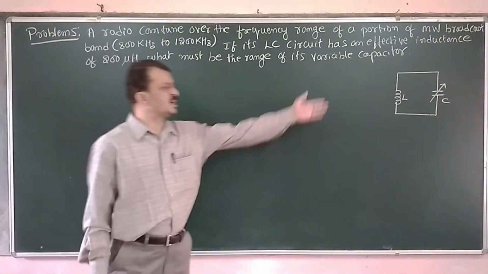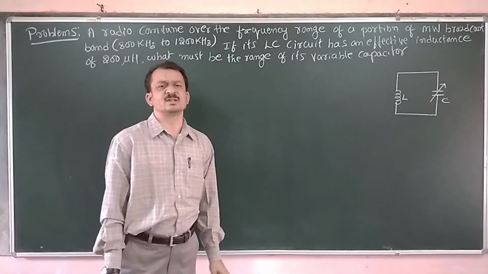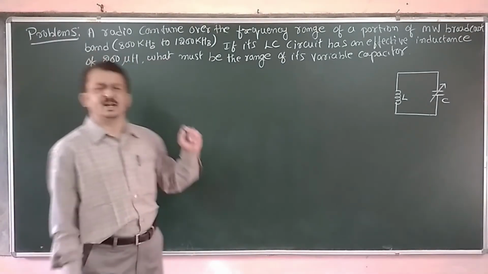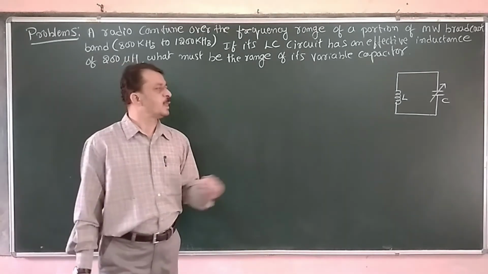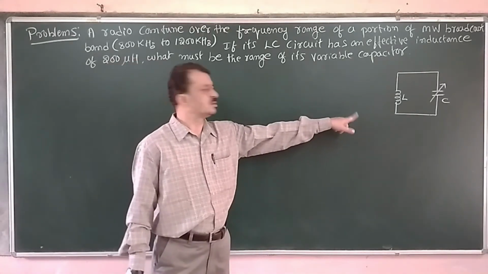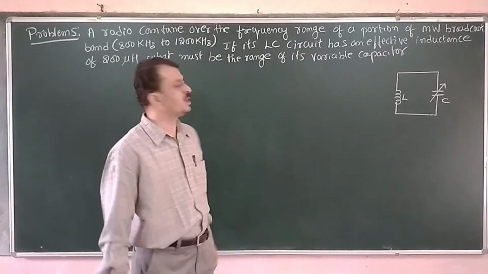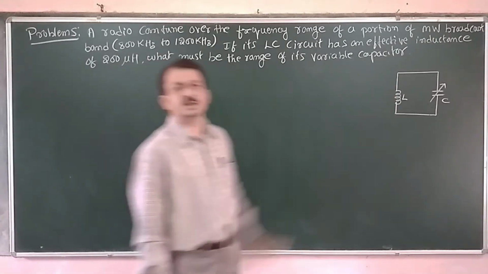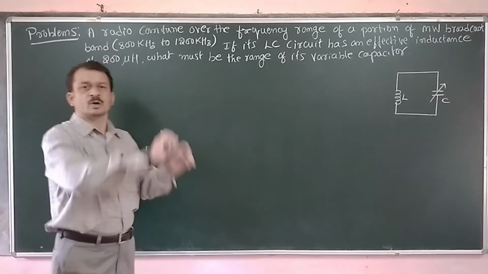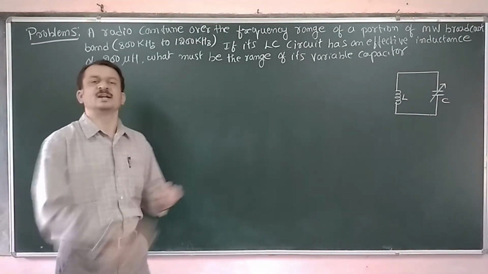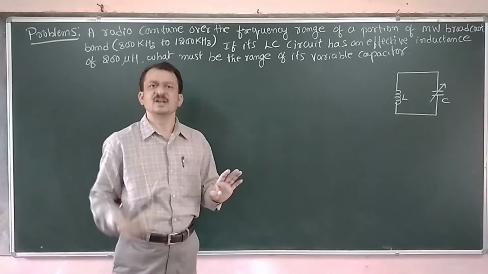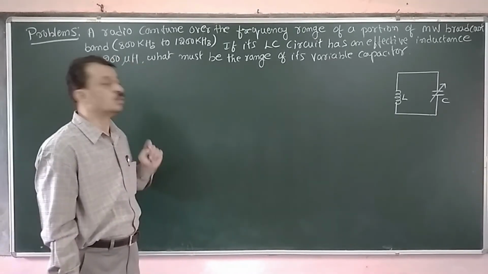Therefore, it contains an LC circuit receiver. Now here, in order to receive all the frequencies, the inductor value is fixed and the capacitor is variable, as shown in that diagram. If you vary the capacitor, the resonant frequency is varied and that particular station is received by the radio.